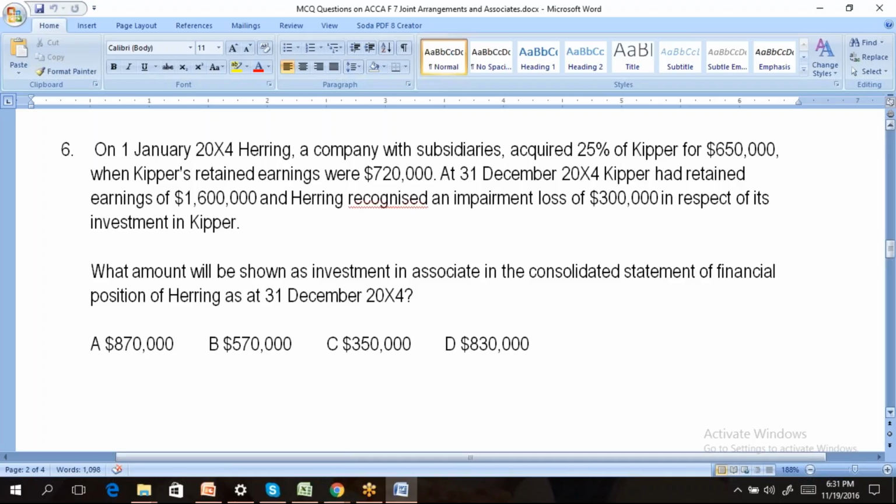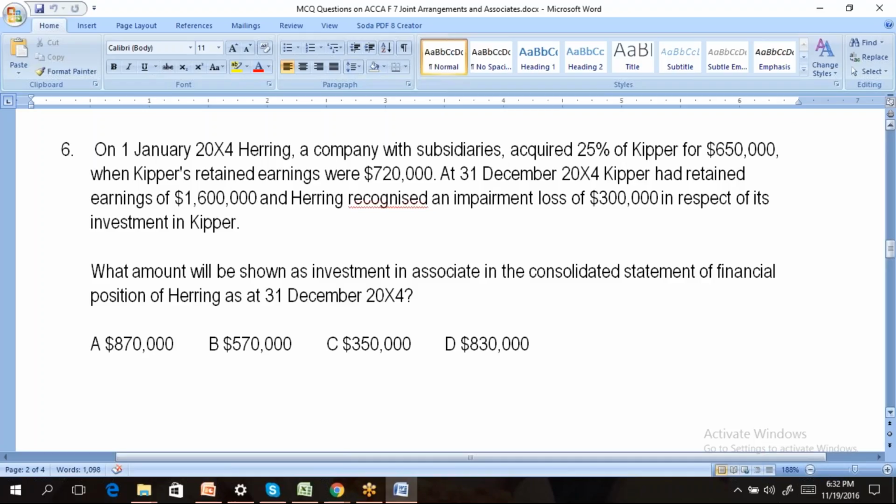That is 220. And then it says it had been impaired, and recognized an impairment in respect of the investment.